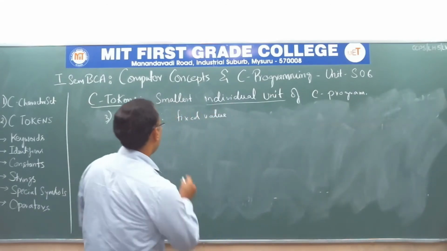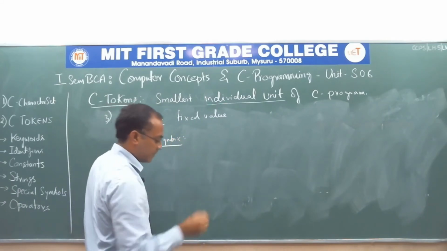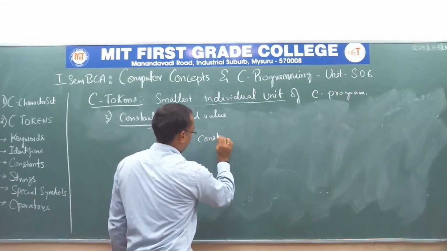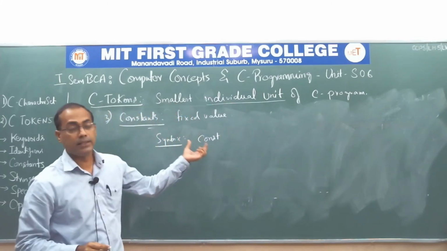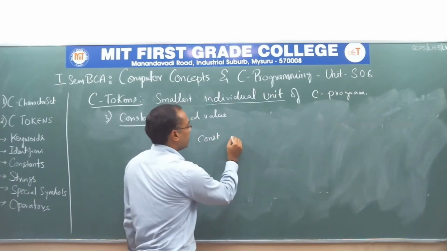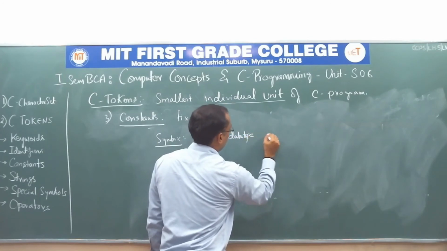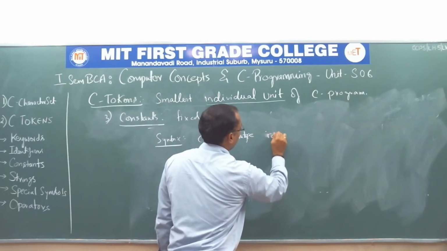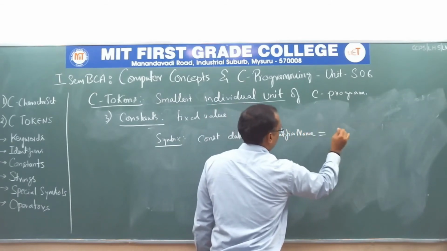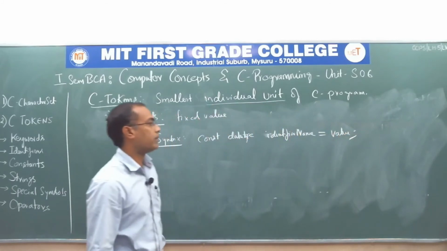The syntax for defining a constant is: the keyword const. It's not the full word constant, it's just const, then the data type, then the identifier name, and is equal to the value you want to assign, terminated by a semicolon.